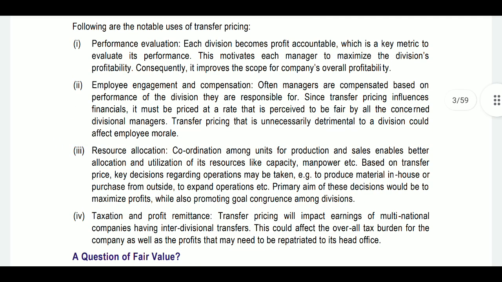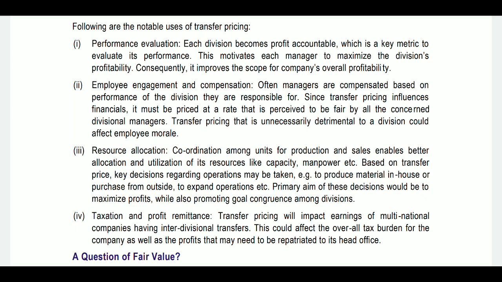Next, resource allocation. Here we coordinate among the units for production and sales. This enables better allocation and utilization of resources, like capacity, manpower, etc. Based on price, we decide key decisions that arise from operations.